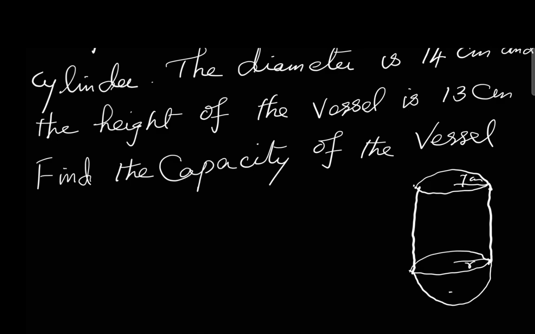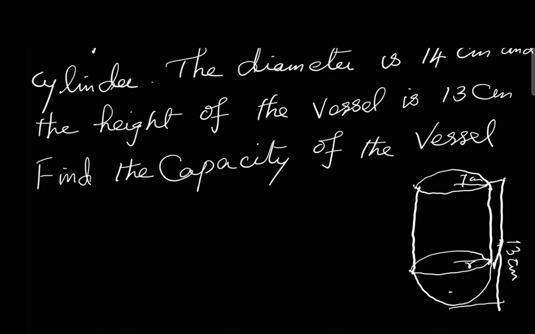The next one, the height of the vessel is 13 centimeter. Height starts from the top of the cylinder to the base of the hemisphere. The total height is given here, 13 centimeter.